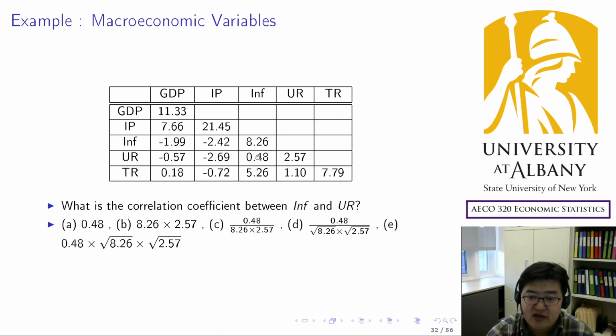That's the covariance. And then you divide it by the standard deviations. Inflation's variance is 8.26 and unemployment rate's variance is 2.57. So these two are variances. So you can calculate their standard deviations by taking the square roots of those variances. So D is the standardized covariance, which is the correlation coefficient.